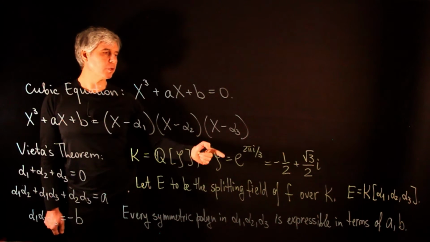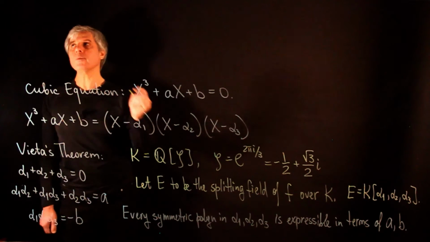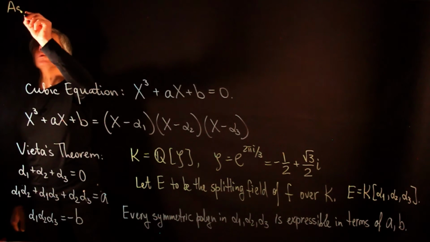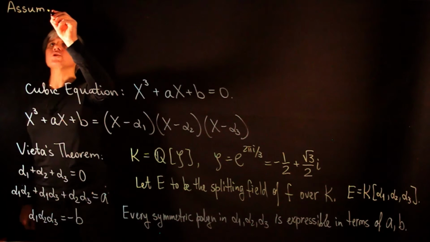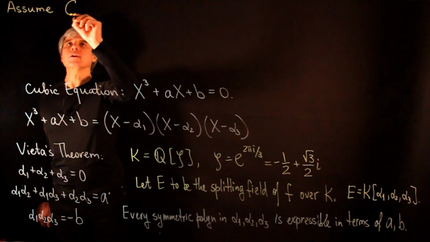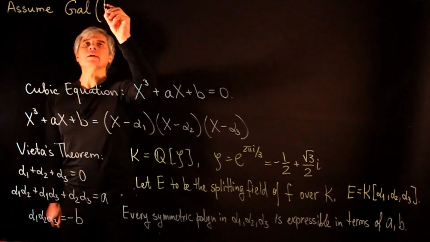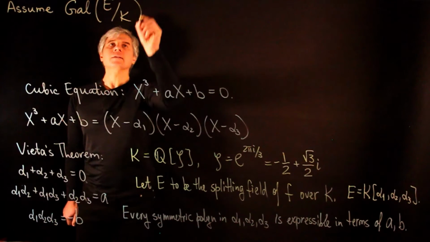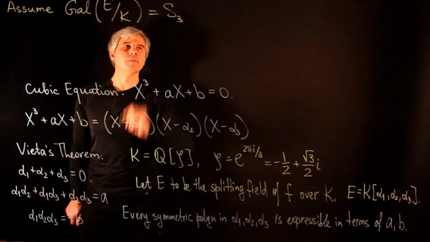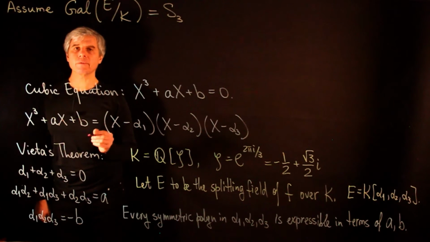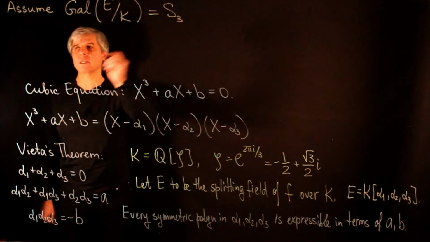The Galois group will permute the roots of this polynomial, and we assume that we are in the most general case, that the Galois group of E over K is S3. Let us consider the chain of commutator subgroups in S3.